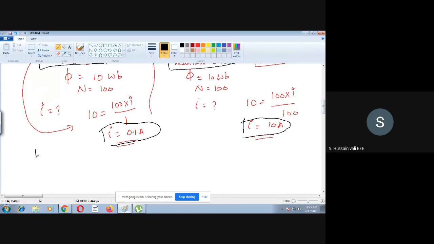The magnetic circuit with high reluctance requires high magnetizing current.